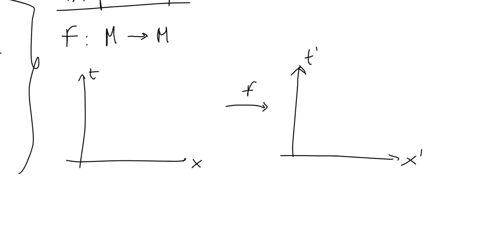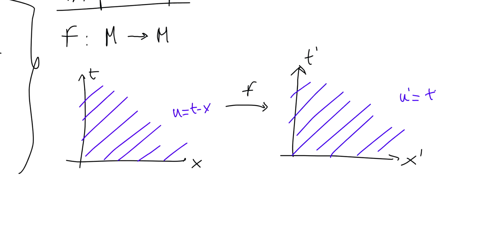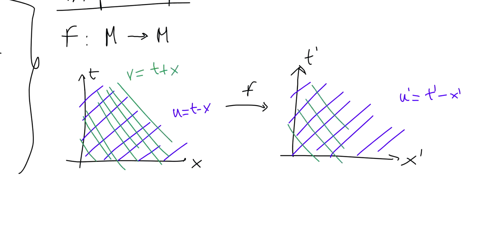We can visualize the family of light rays like this, the 45-degree lines. So this would be the family u equal t minus x, and this will be the family u prime equal t prime minus x prime. And then we will have the family v equal t plus x, and v prime equal t prime plus x prime.